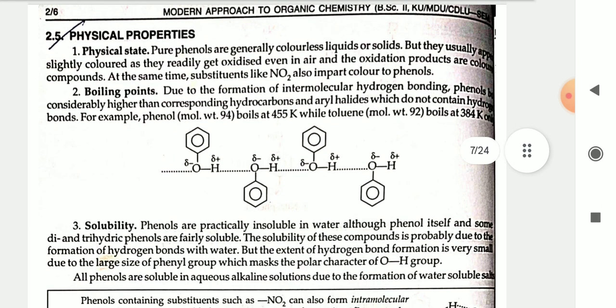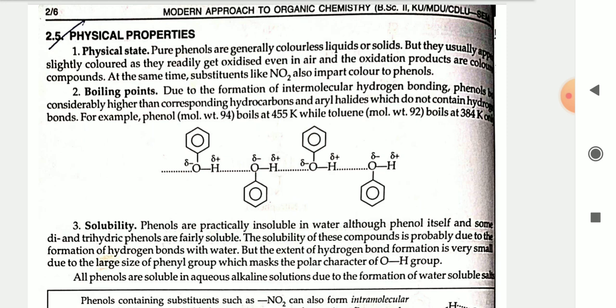Physical properties. First, physical state. Pure phenols are generally colorless liquids or solids, but they usually appear slightly colored as they readily get oxidized even in air, and the oxidation products are colored compounds. At the same time, substituents like NO2 also impart color to phenol. Second is the boiling point.